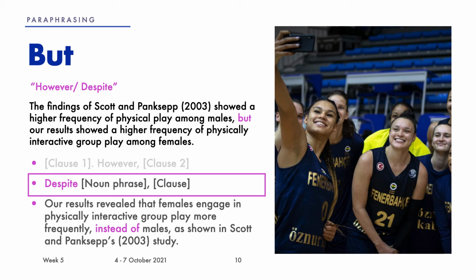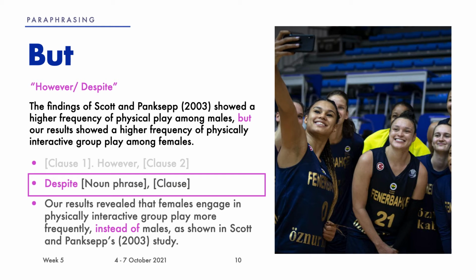But by expanding the meaning, I'm not adding anything new, it's simply that I make the sentence more lively in terms of putting back the verb "engage," meaning that females are being more physically active during interactive group play.